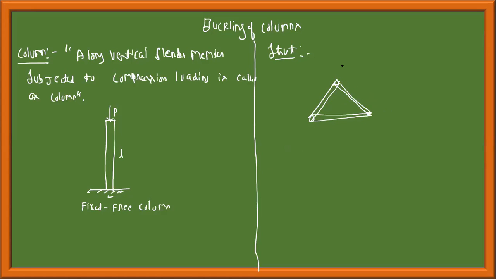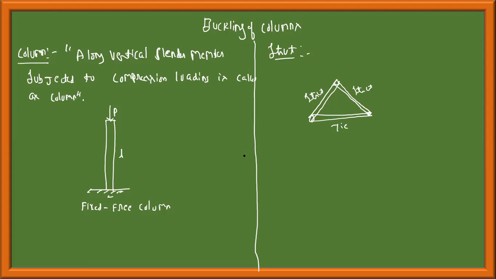It runs throughout the length like that. Other than the vertical members, these members which are inclined are called struts, and this is called a tie.